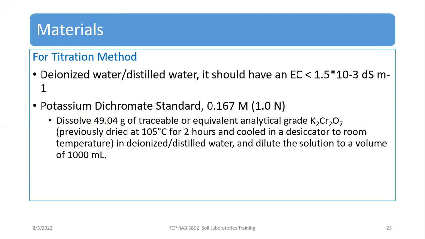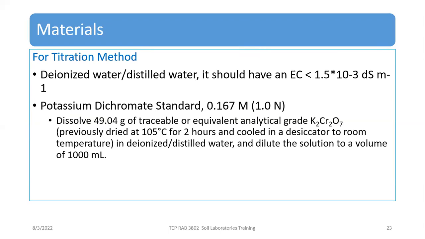Materials for the titration method: deionized water, which should have an EC of 1.5 multiplied by 10 to the minus 3 Siemens per meter.